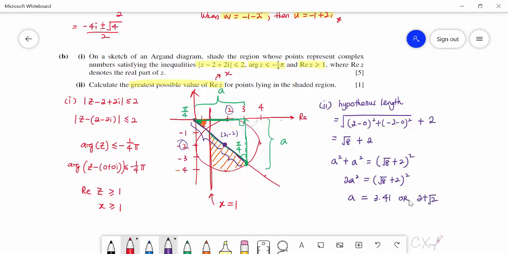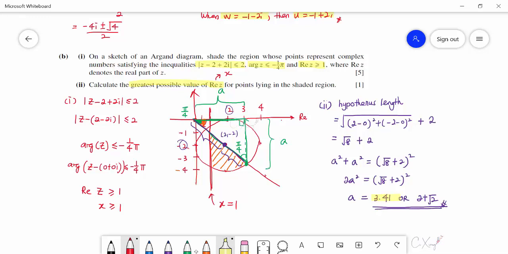We can double check again: did they ask us to write the answer in exact form? Here they only mention to calculate the greatest possible value of real x, real z for the points lying in the shaded region. So generally they will accept either the surd form or the decimal form. It will be 3 significant figures, which is 3.41.